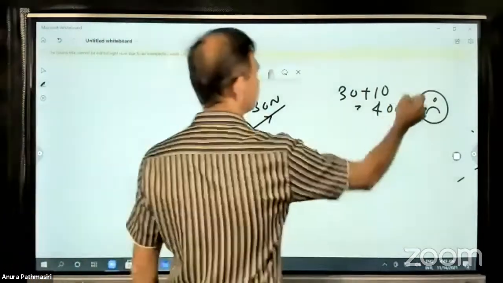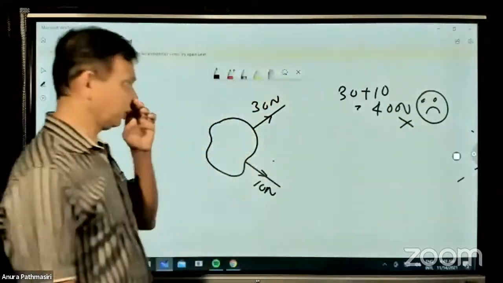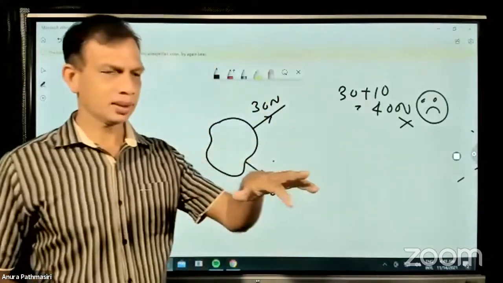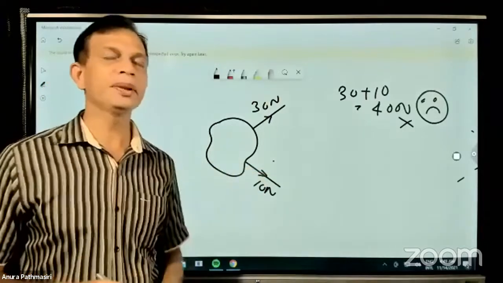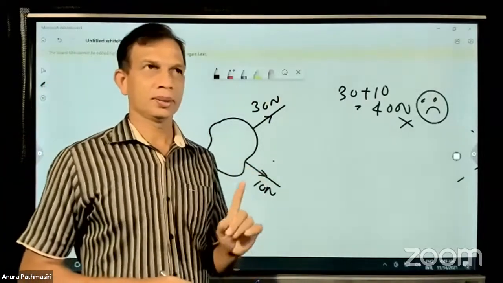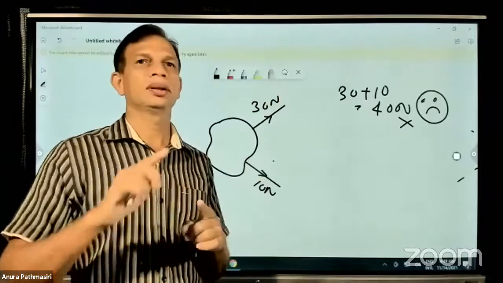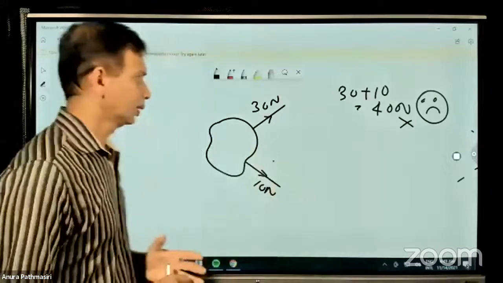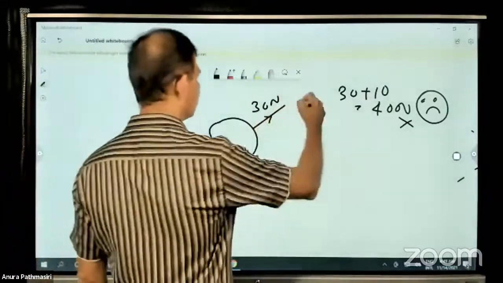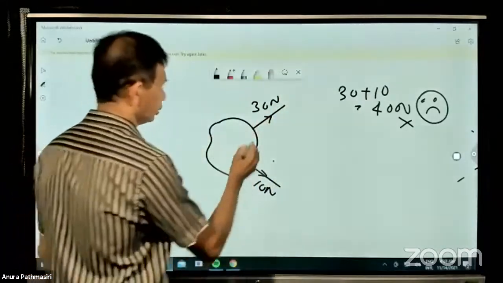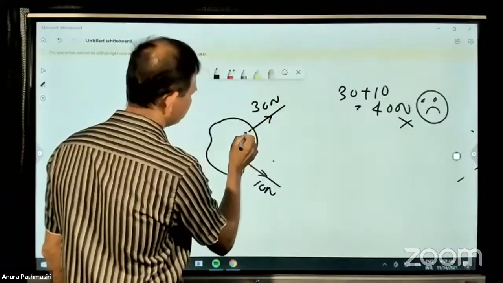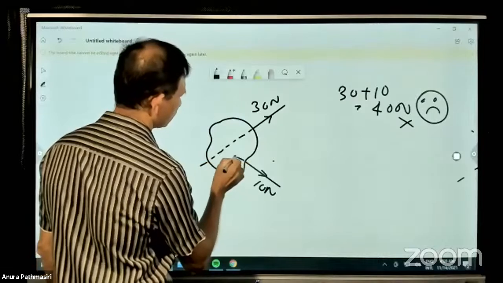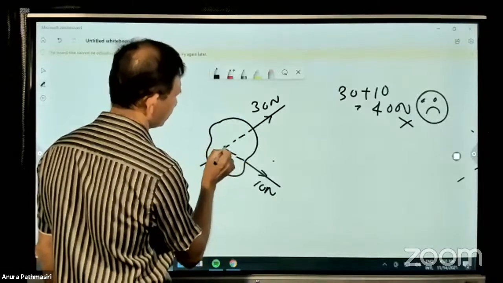It is wrong. Then what you can do is, you have learned in lower grade classes that a force can be represented by a diagram which is drawn to a scale. If you say 30 Newton, you can extend the line of action, and extend this line of action as well.